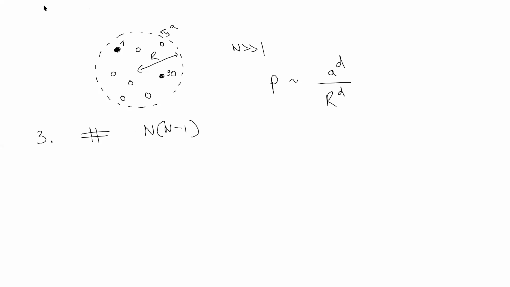Is there anything else? Am I not overestimating the number of pairs? Because choosing the first one, n possibilities, then I need to choose the second one, of course, n minus 1 possibilities.